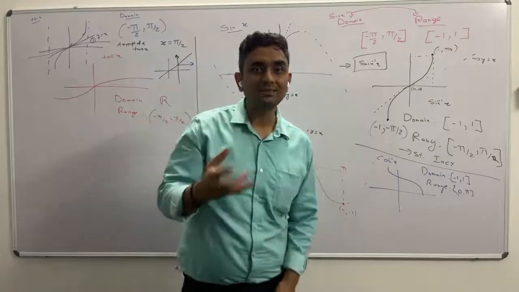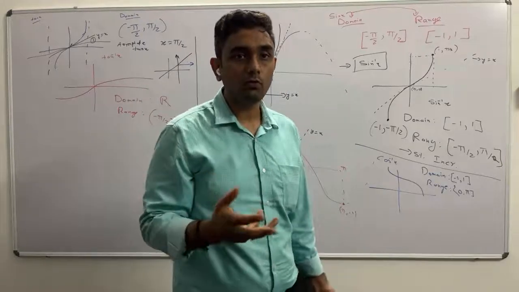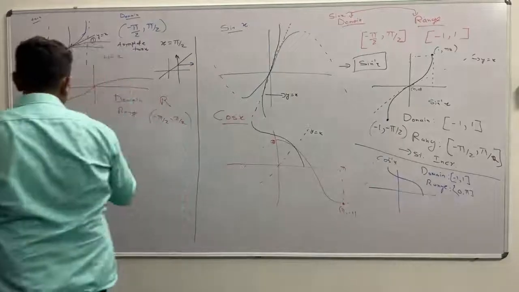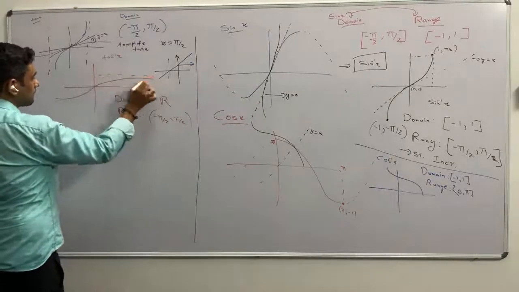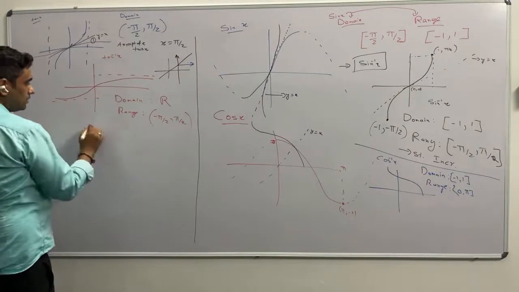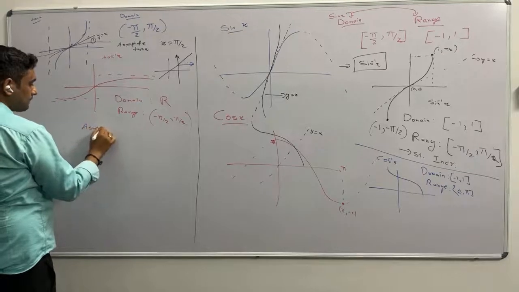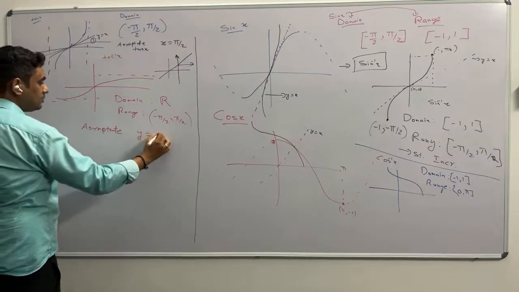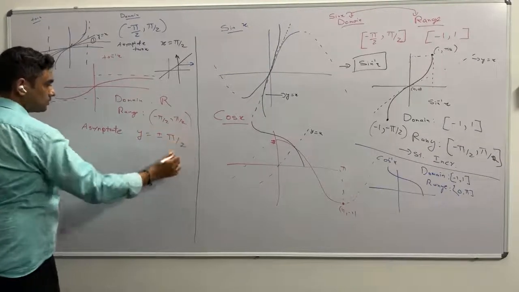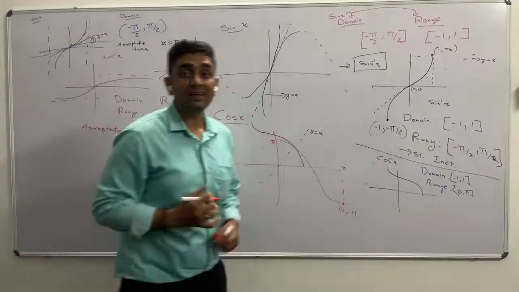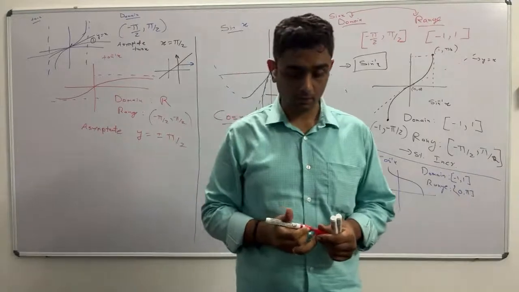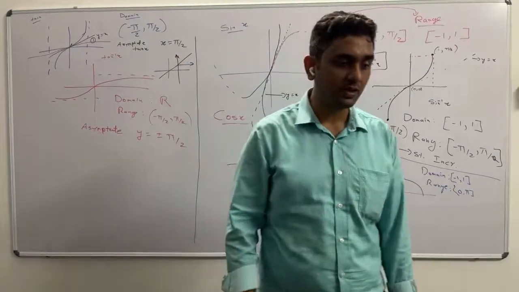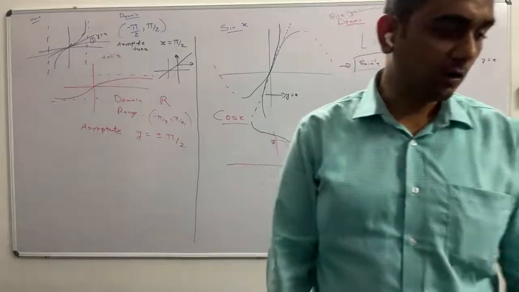So if initially the asymptote was x equal to pi by 2 for tan x, for tan inverse x these two will be asymptotes. The asymptotes will be y equal to plus or minus pi by 2. So that is why pi by 2 will never be part of the range. It will be part of the domain, but not part of the range. So this is what we will get over here.